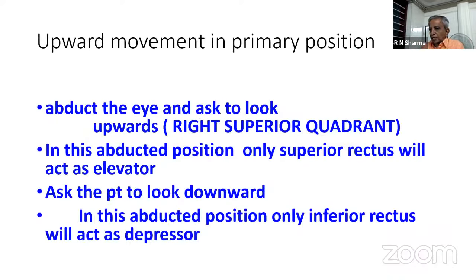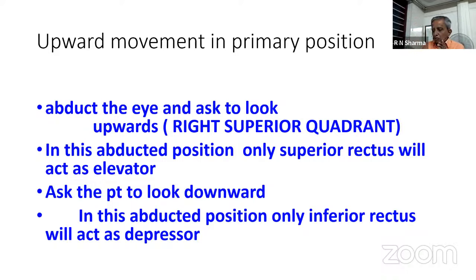So, abduct the eye and ask the patient to look upward. To look at the right superior, for example, you look at my side. My right superior quadrant. My right eyeball is abducted, looking upward. This is the right superior quadrant. Therefore, the muscle that is permitting my right eyeball to look upward will be the right superior rectus.